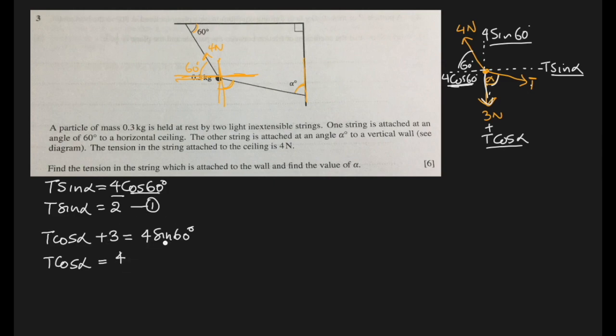So it becomes 4 sin 60 is square root 3 over 2, and then this plus 3 goes there and becomes minus 3. So this cancels also. So T cos alpha becomes 2 square root 3 minus 3. Let's not use calculator, just 2 square root 3 minus 3. I will use calculator later. This is equation number 2.